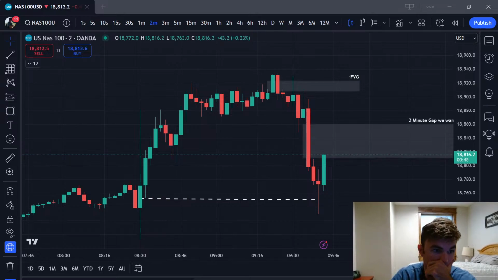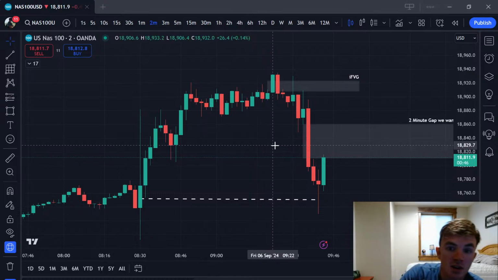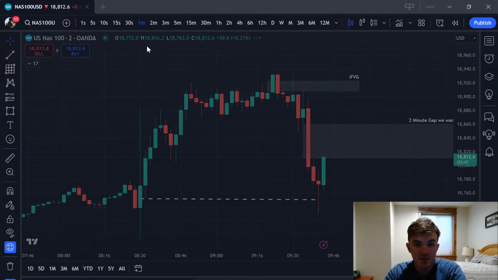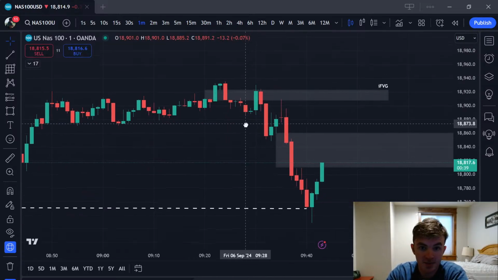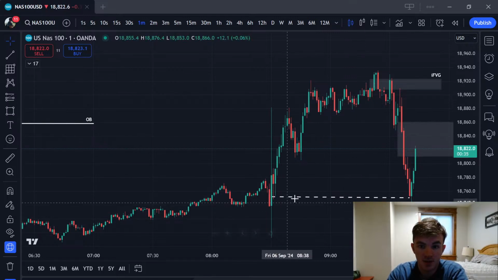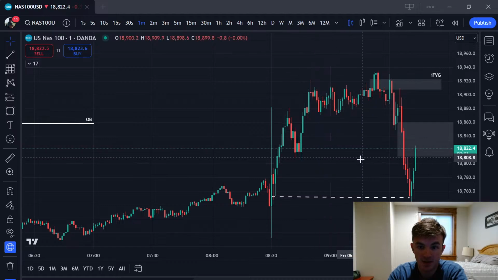It's fine. The camera's fine. But yeah, so you can see this inverse fair value gap setup would have been a great setup, targeting this internal low down here, and then this as well.